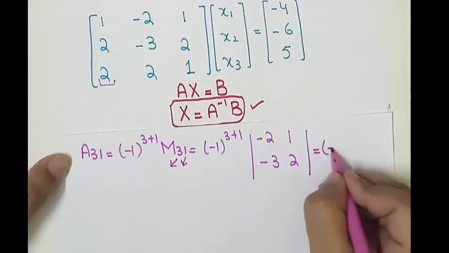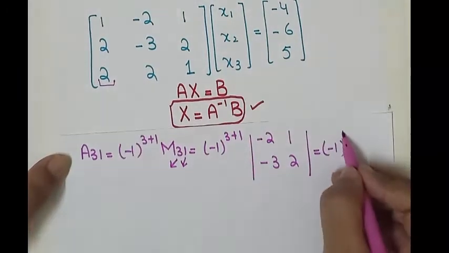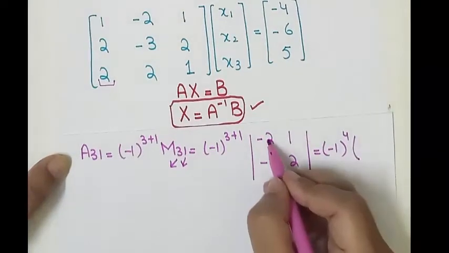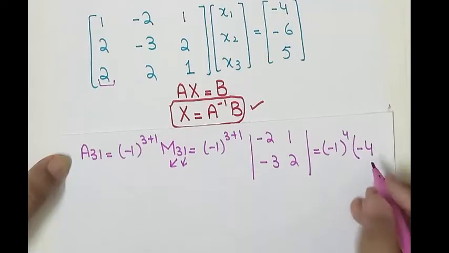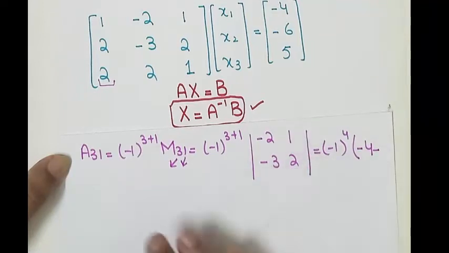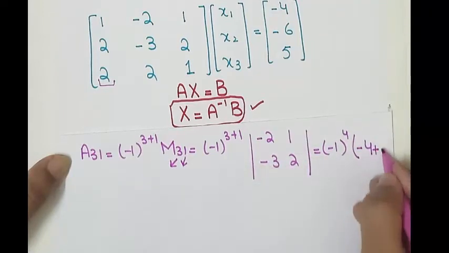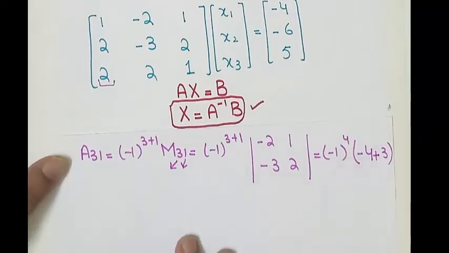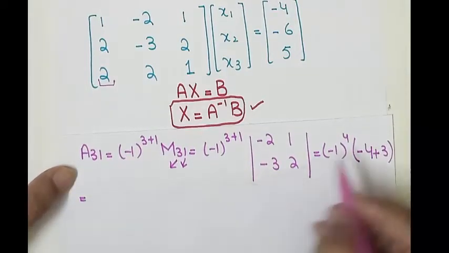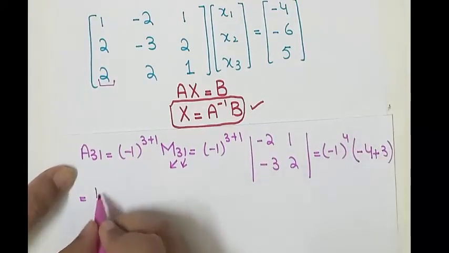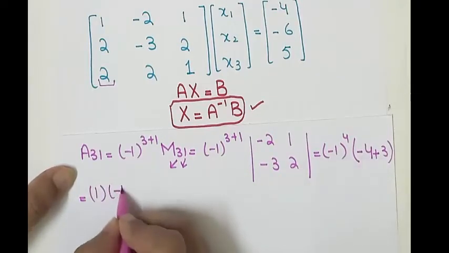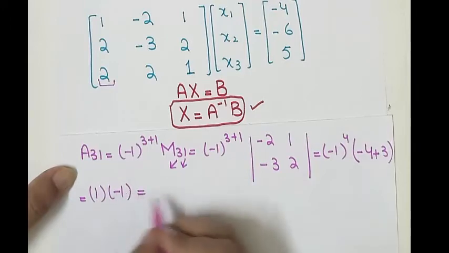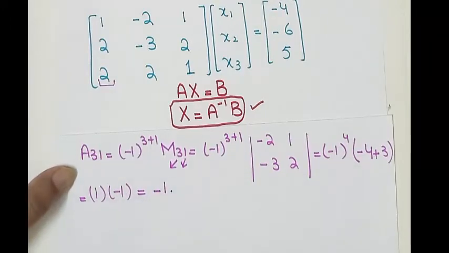This is minus 1 to the power 3 plus 1 is 4, 2 times 2 is 4, and this is minus 4, minus 3 1 times is 3, this is minus, so minus is plus. This is minus 1 power 4 is equal to 1, and minus 4 plus 3 is equal to minus 1. So 1 into minus 1 is equal to minus 1. So this is the minor for A31.